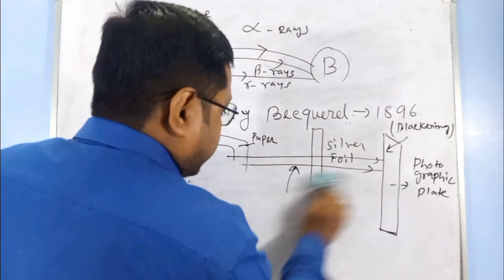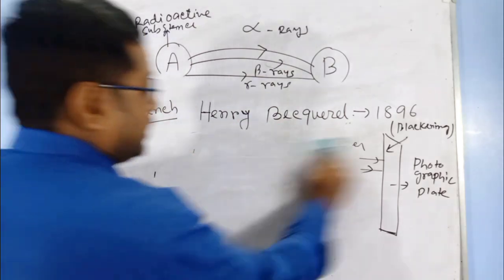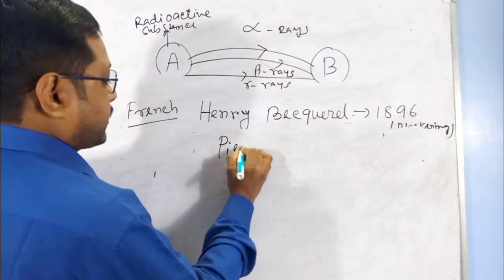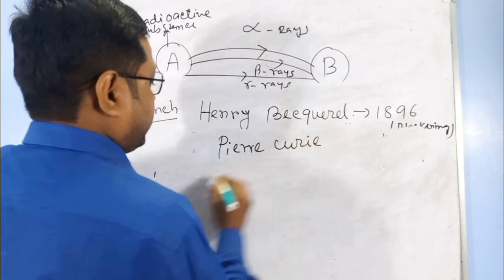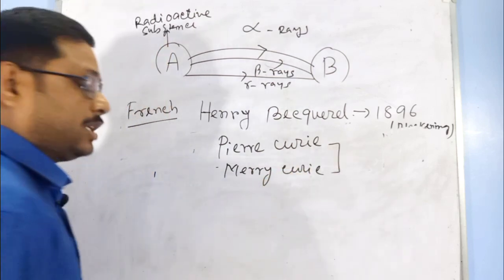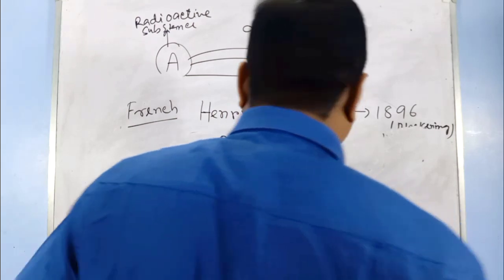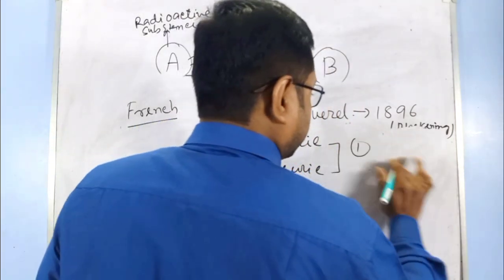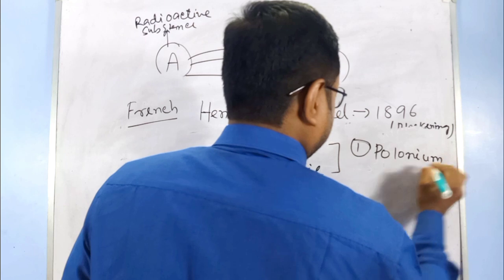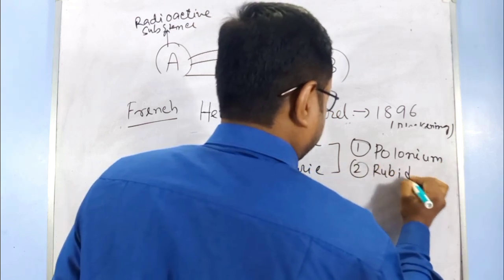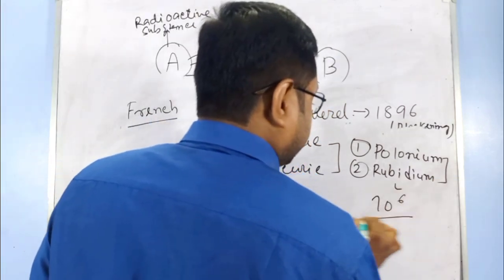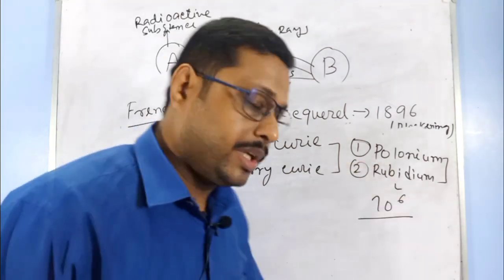A couple of years later, two famous scientists who were husband and wife, Pierre Curie and Marie Curie, discovered two more elements: polonium and radium. They found that these were 10 to the power 6 times, a million times, more radioactive than uranium.